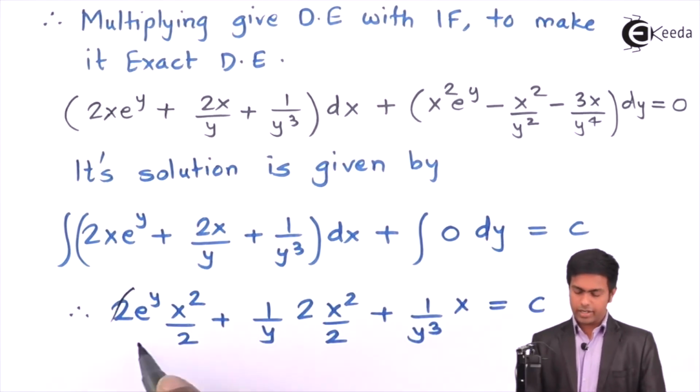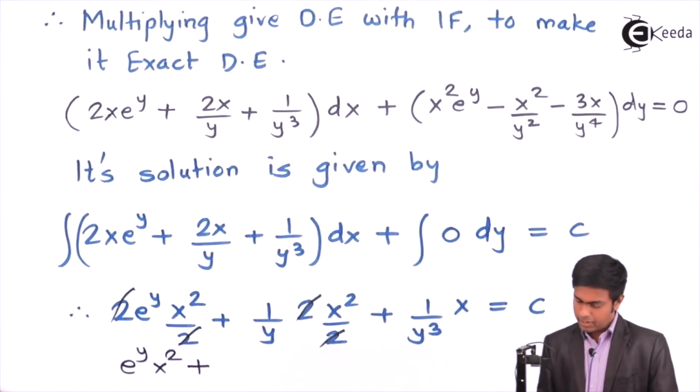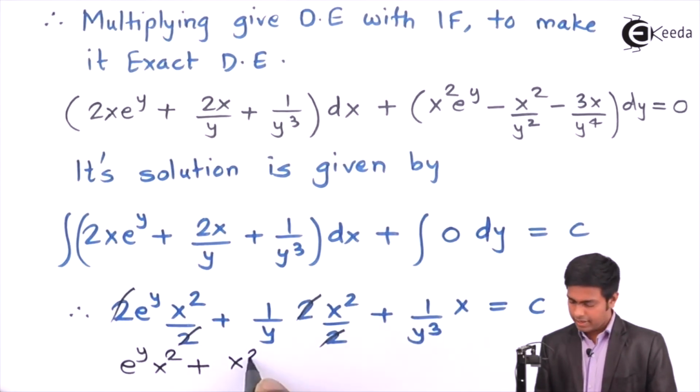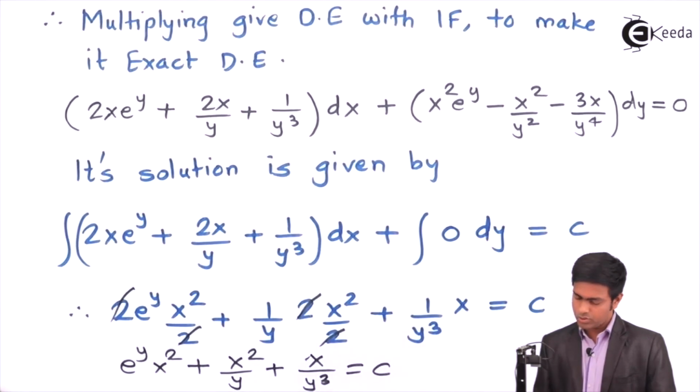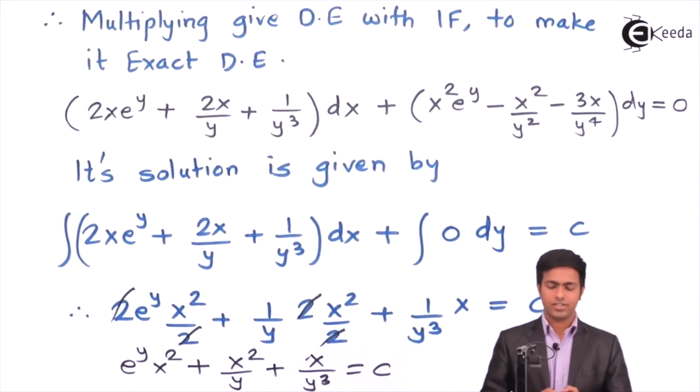Here we can cancel this 2 and 2. So the answer is e^y x² plus x² upon y plus x upon y³ equal to c, and this is nothing but the solution of the given differential equation.